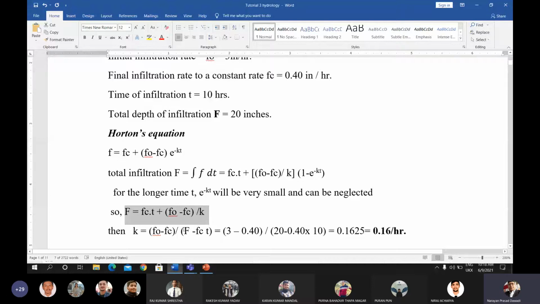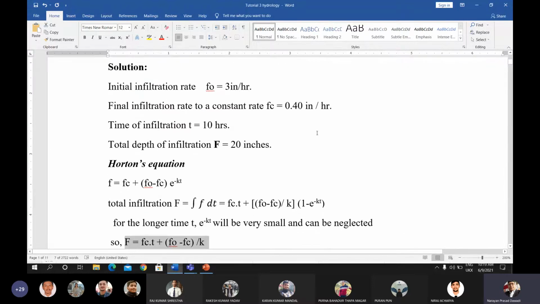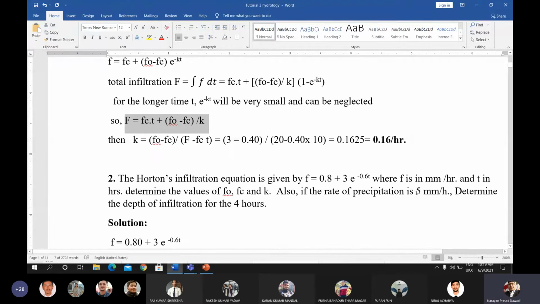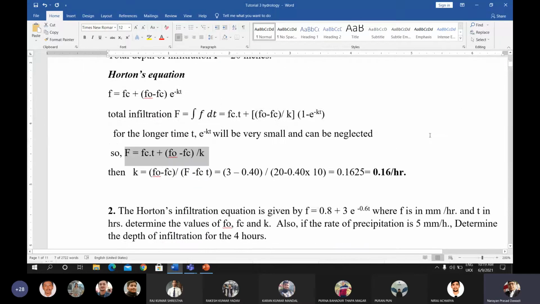If you put F as 20 inch, fc as 0.40, f naught as 3, and the time as 10 hours, then you will get Horton's constant k equal to 0.16 per hour. There is no inch; 0.16 per hour is its unit. This is the first question, to determine Horton's equation.